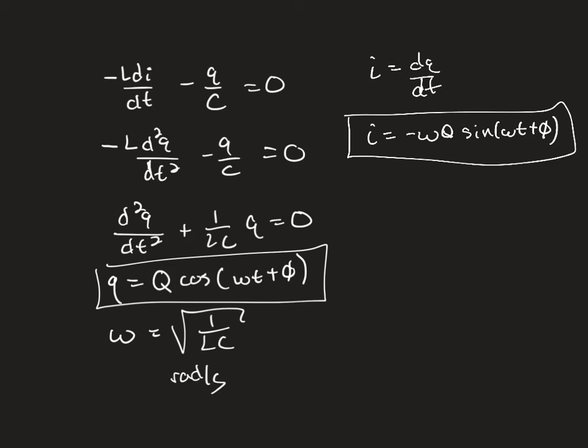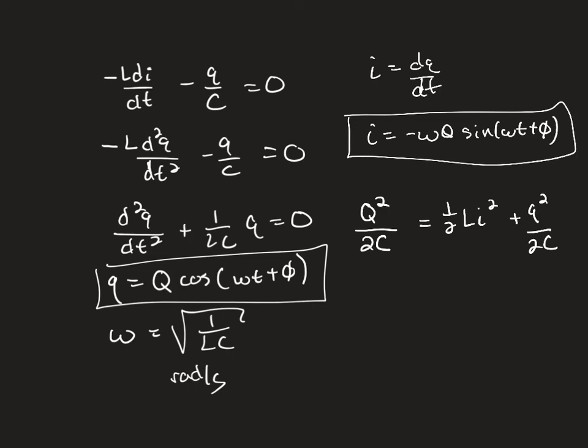Now there's one more analogy we can make between springs and this particular setup here, and that's in terms of energy. So we charge the capacitor, and so we have the potential energy due to that charged capacitor. And as it begins to discharge, we get some of it being energy stored in the inductor and some of it being energy stored in the capacitor. And we oscillate back and forth in between the extremes.